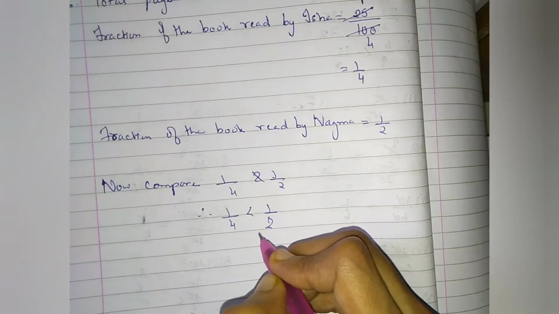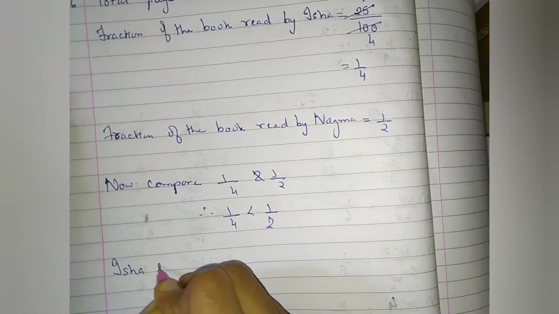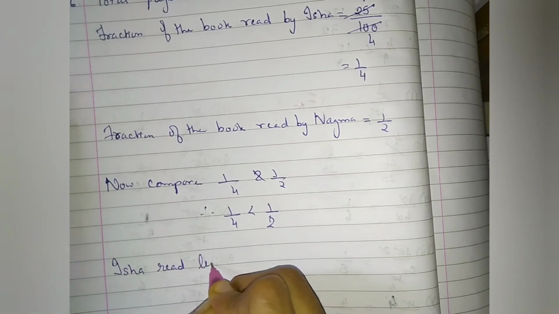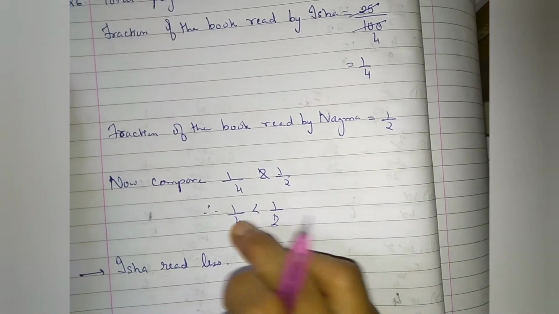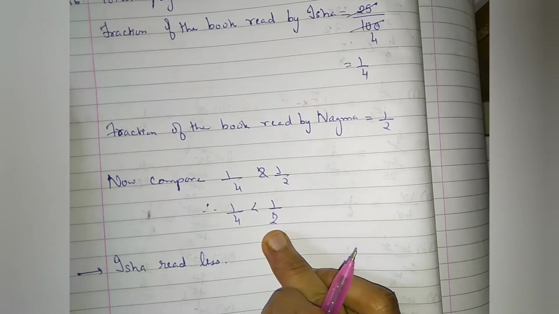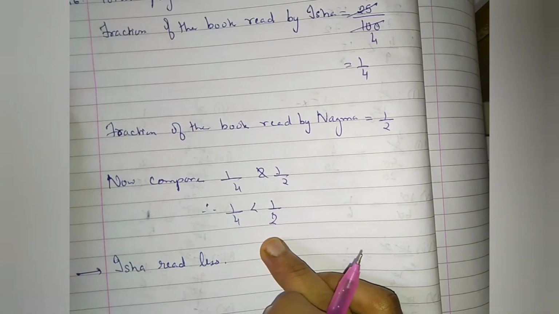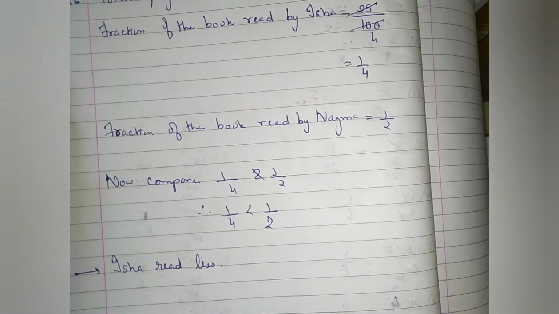So who read less? Isha read less. Because the numerator is the same, whichever has the greatest denominator is the smallest fraction. So Isha read less is the answer.